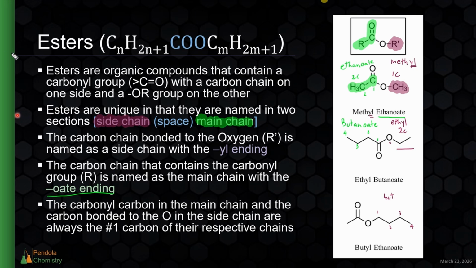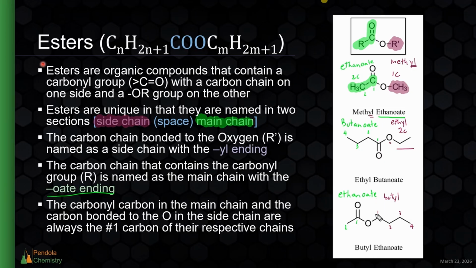So we have 4 carbons, and if we was double bonded somewhere, we would put butenyl. So butyl, and then a 2-carbon chain, meaning that this will be what carbons, oops, where did my door go? Carbon 1 and carbon 2, eth, and, because it's single bonded, oate, because even though this is a shorter chain, it's still our main chain because it has a carbonyl group. So this will be butyl ethanoate.